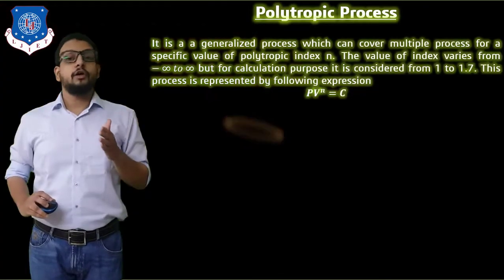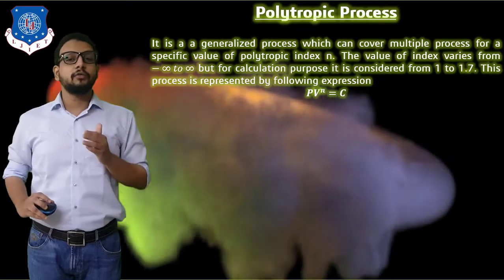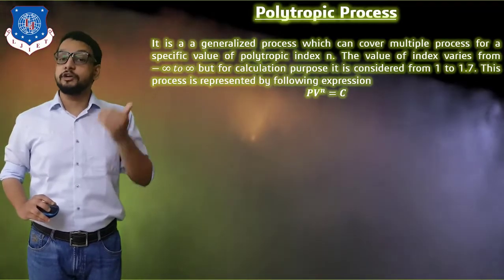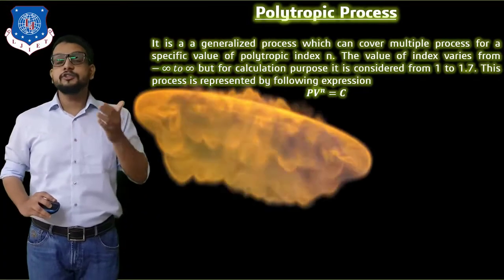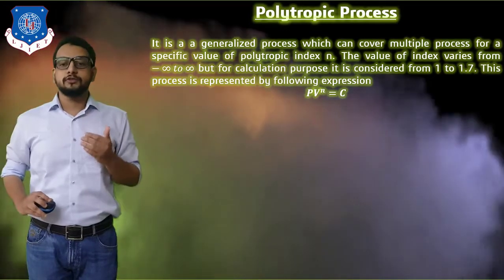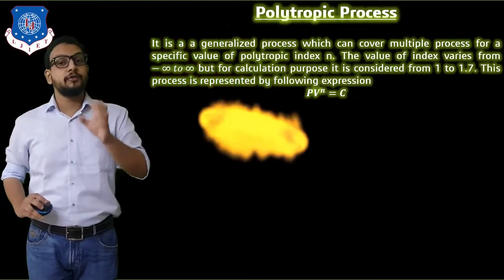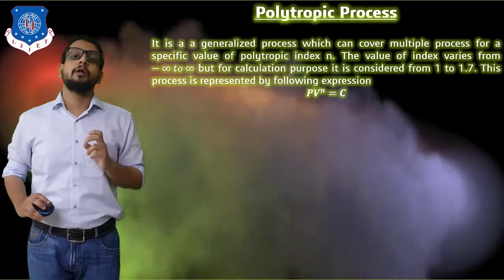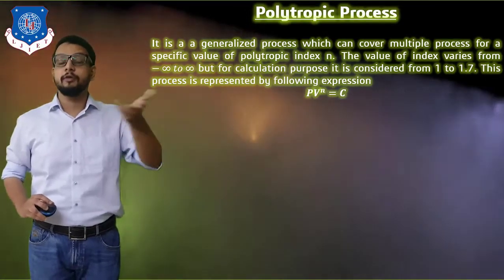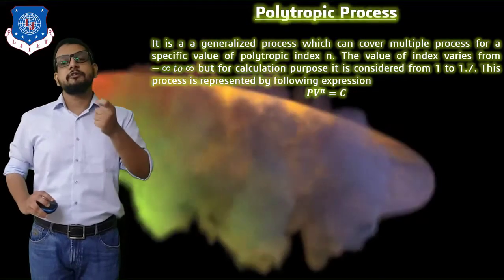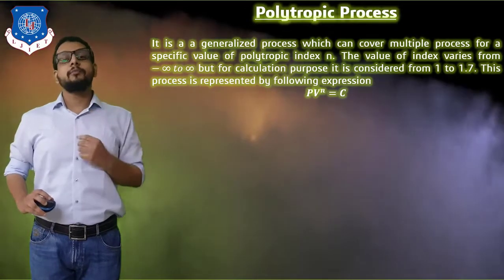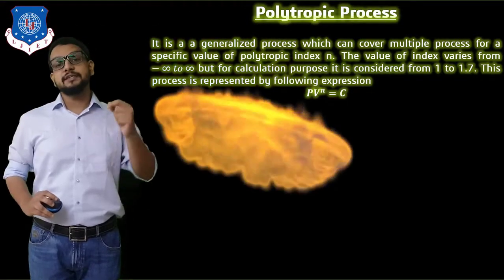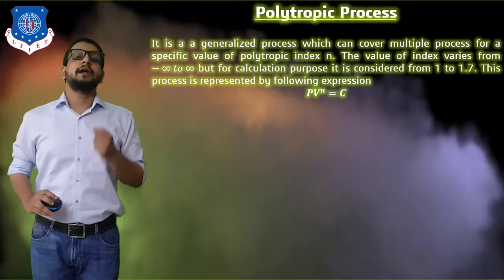After seeing all these processes, it was concluded that let's form a generalized process in which all these processes can be covered. That generalized process which was defined afterwards was called a polytropic process, which will cover all our processes. So we would say it is a generalized process which can cover multiple processes for a specific value of a polytropic index n.